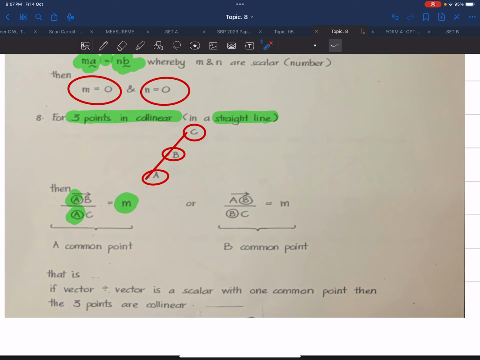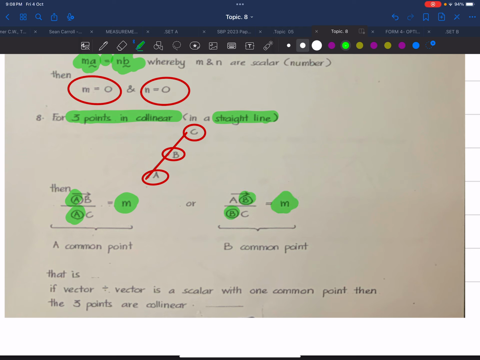So I can do now the first example here, it is AB and AC. AB one line, AC another line. The A is the common point. Or I also can do AB and BC, where B is the common point here now. Still, I'll get a number.